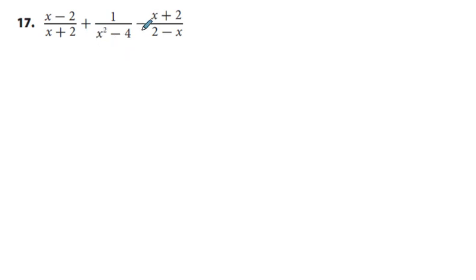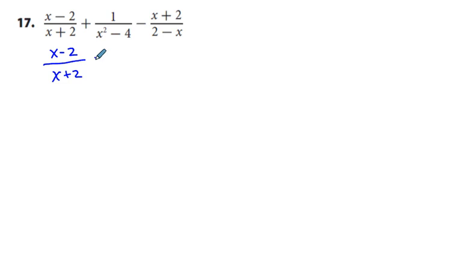And let me just go ahead and see if I can get all these similarly situated. So this x minus 2, I'm going to make it a little tighter just to leave more room. So x minus 2 over x plus 2.